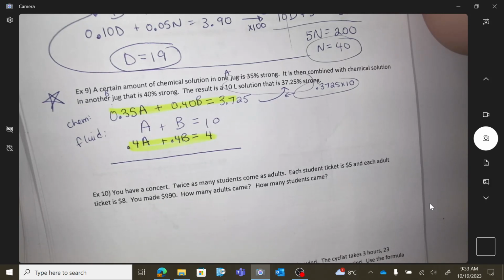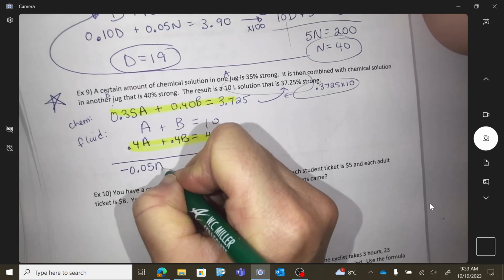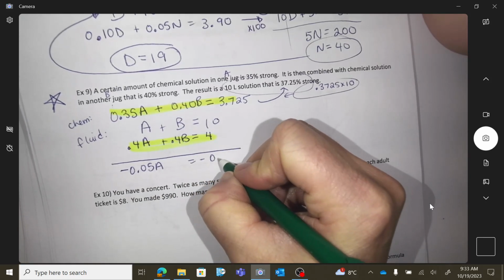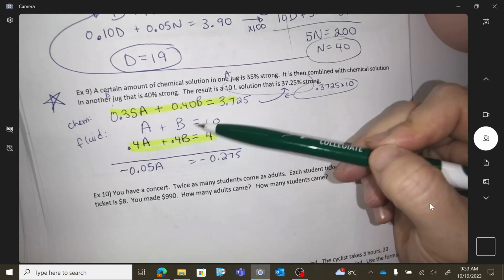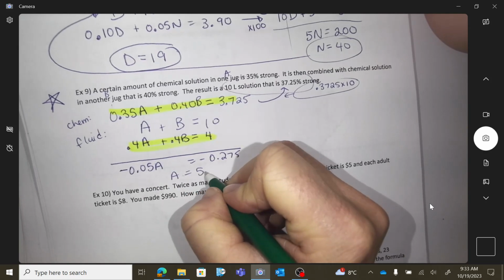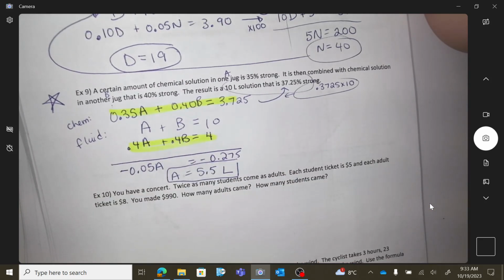So 0.35 minus 0.4 is a negative. So subtract, subtract gone, subtract. And then I got 5.5. And I'm going to put liters on the end of that.